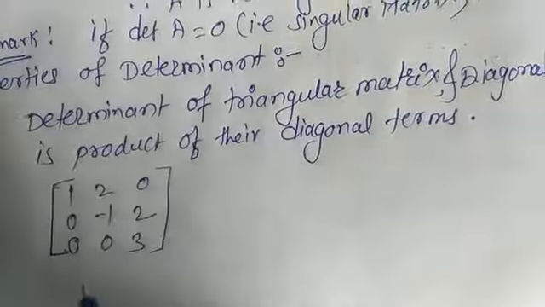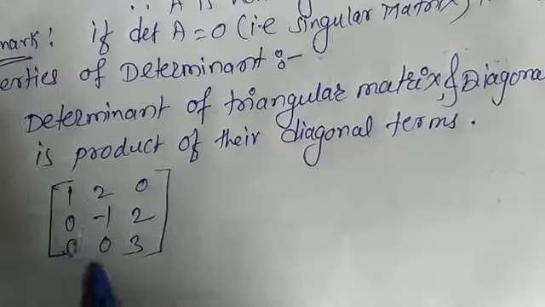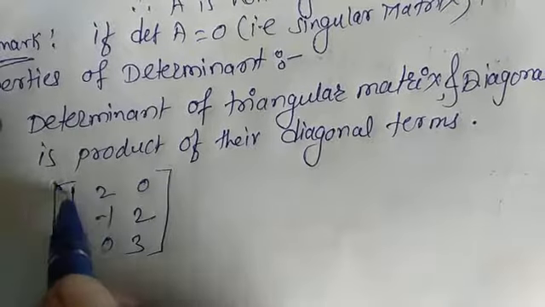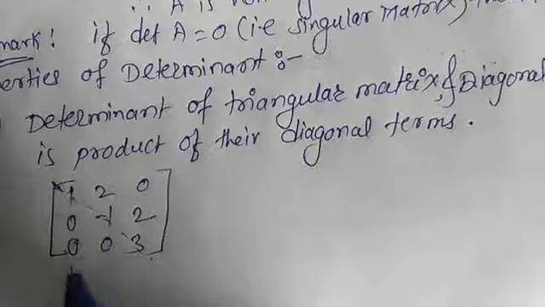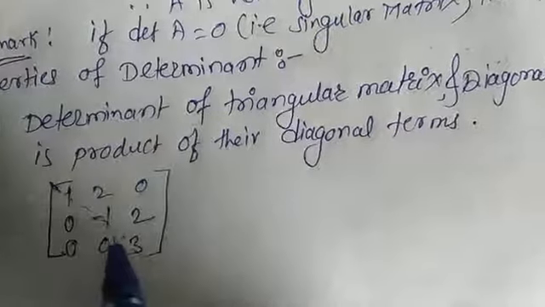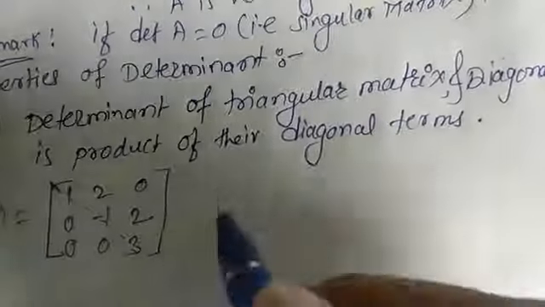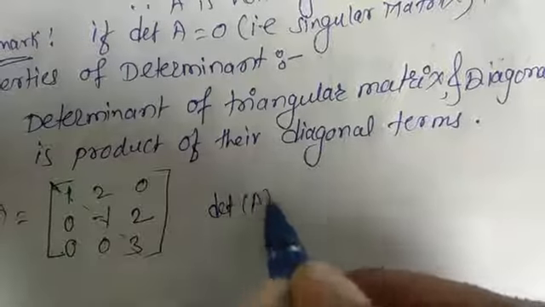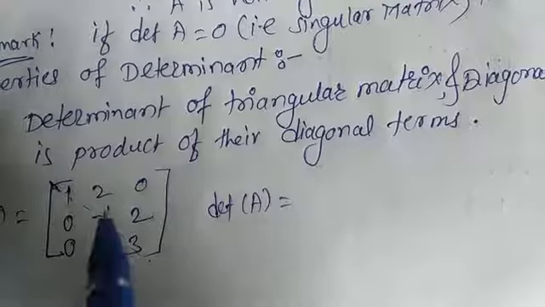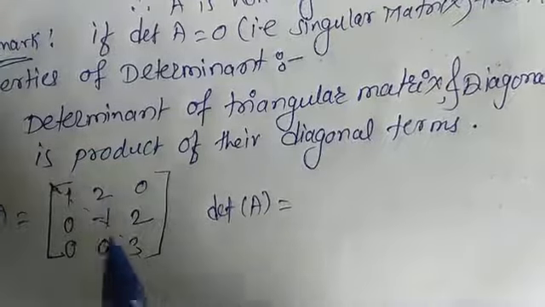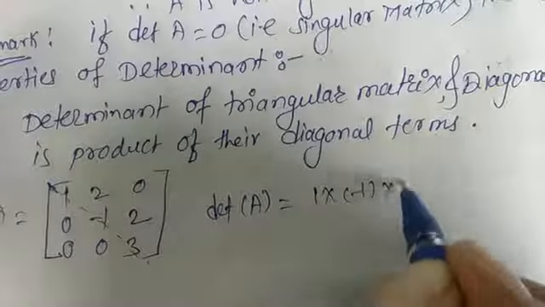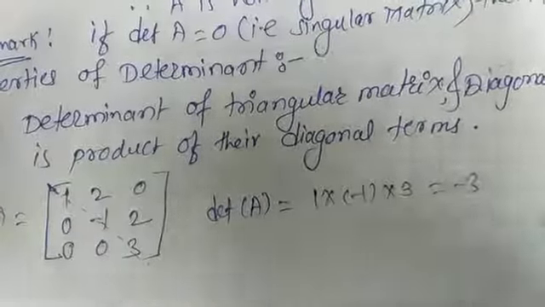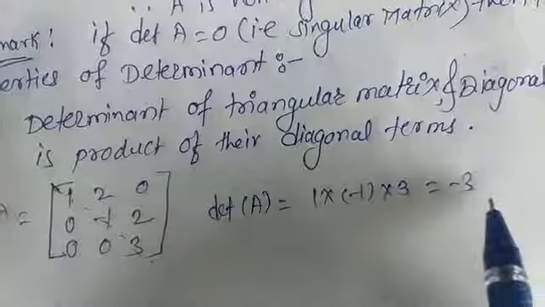Okay, this is an upper triangular matrix as below the diagonal all entries are 0. If it is A, then for its determinant we don't need any calculation, we directly write the product of diagonal entries, which is 1 into -1 into 3, which is equal to -3. Okay, determinant of A will be -3.